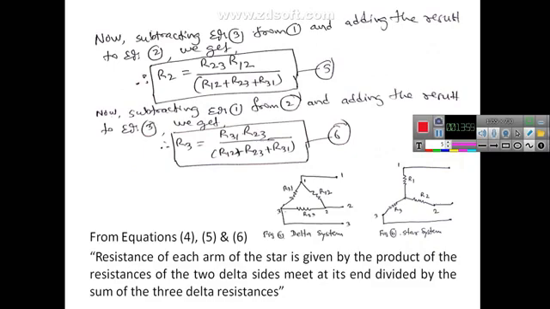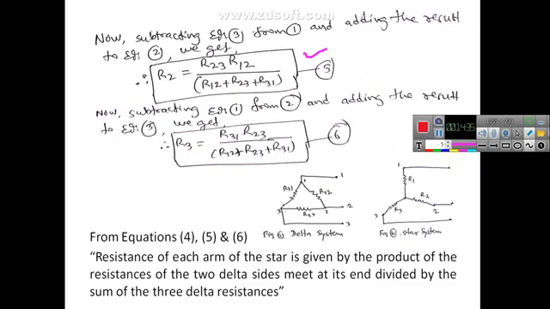The same way as you derived R1, you consider equation number 3 and 1, subtract 3 from 1 and add the result to equation number 2 to get the expression for R2. So R2 is equal to R23 and R12 divided by R12 plus R23 plus R31. So this is how you get the expression for R2, the resistance connected in series with the terminal 2 in the star connection.